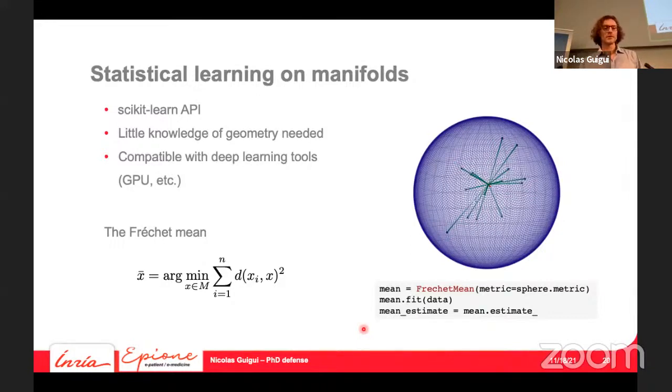It is defined as a point that minimizes the sum of squared distances to the data set. And as there are no closed form solutions, it must be computed by an optimization problem, a gradient descent. So it is implemented in an estimator called Fréchet mean that takes as input the geometry, here the metric. And so it is compatible with all the metrics of geomstats because they all have the same structure. And then the fit method can be called on some data to return an estimate of the mean.